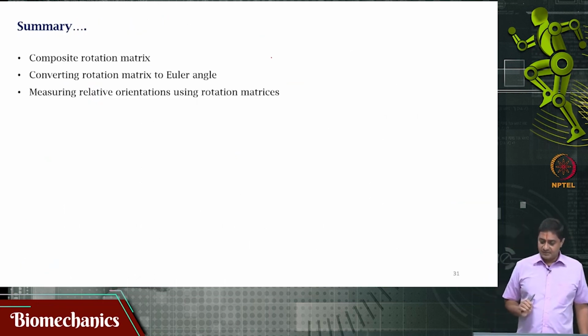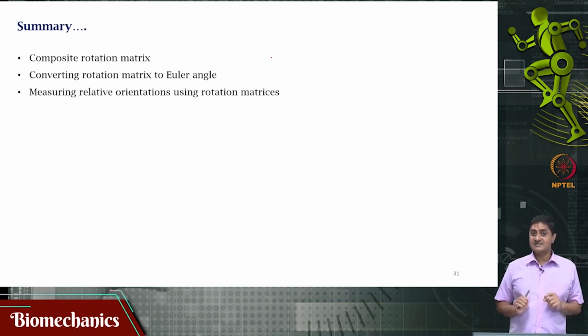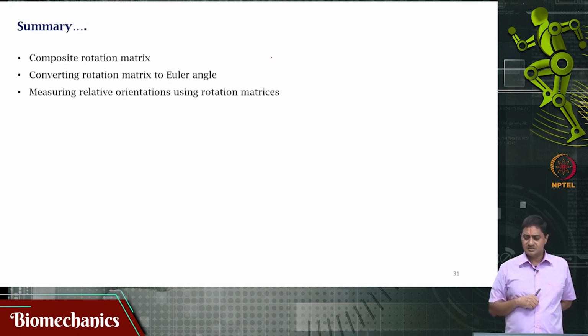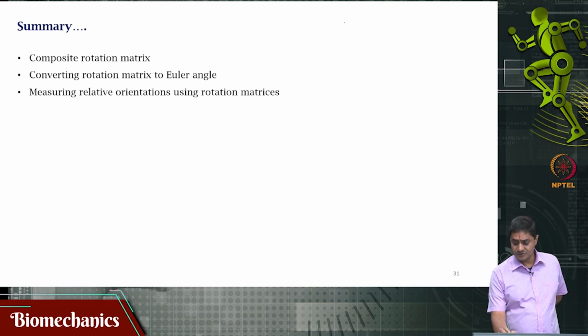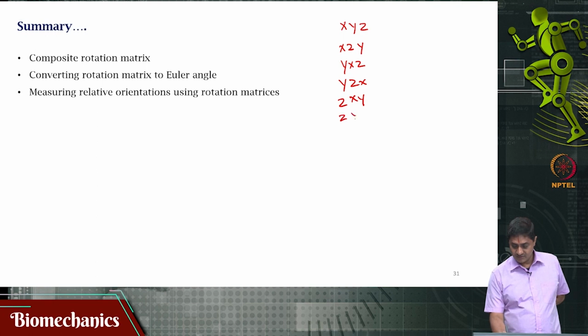Something to keep in mind is the order of the Euler angles. The sequence matters. If I have three principal axes, what are the various ways in which the order can go? Let us write those out. I can have x, y, z, or x, z, y, or y, x, z, or y, z, x, or z, x, y, or z, y, x.